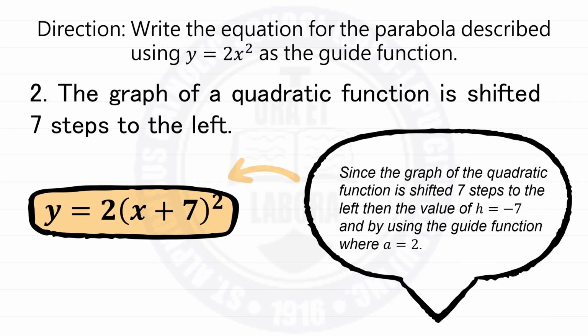Since the graph of the quadratic function is shifted 7 steps to the left, we could say that the value of our h is a negative 7. And by using the guide function y equals 2x squared, where a is 2, the equation of our parabola is y equals 2 times quantity x plus 7 squared.